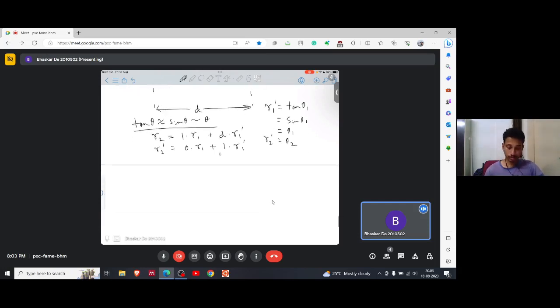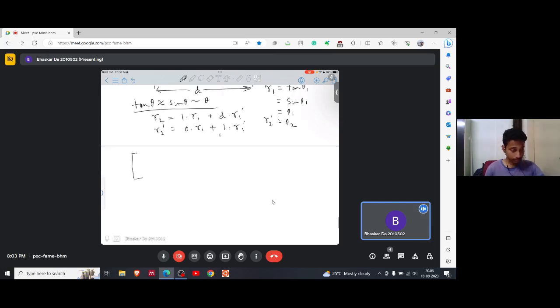So these are two very simple general equations, and from that we can write it in matrix form: r2 and r2 dash equal to the matrix 1 d, 0 1, acting on r1 and r1 dash.